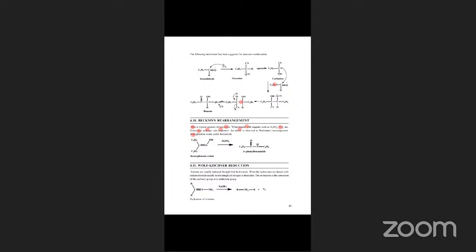What is oxime? See the new word oxime: C double bond N, with a lone pair on nitrogen and OH, and alkyl groups on carbon. If it is RCH, that is aldoxime, HC double bond NOH.